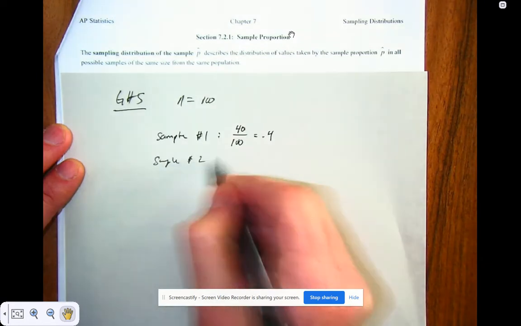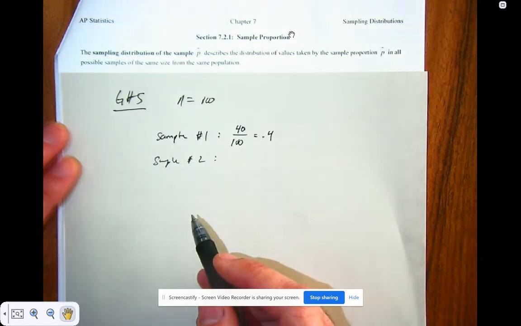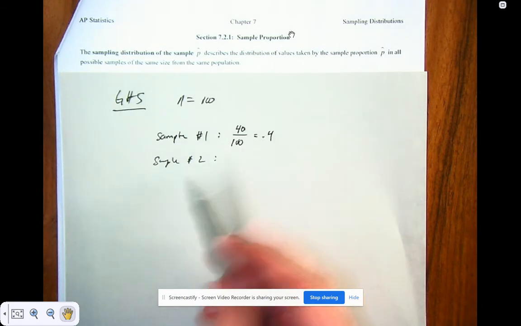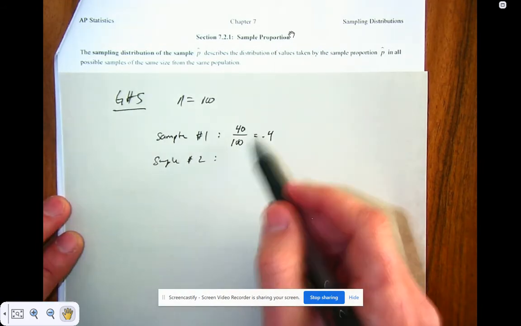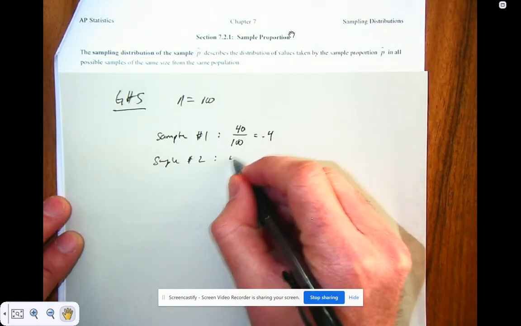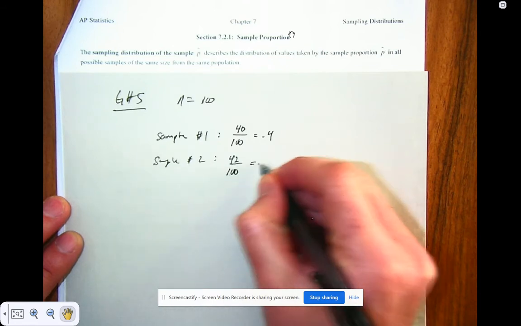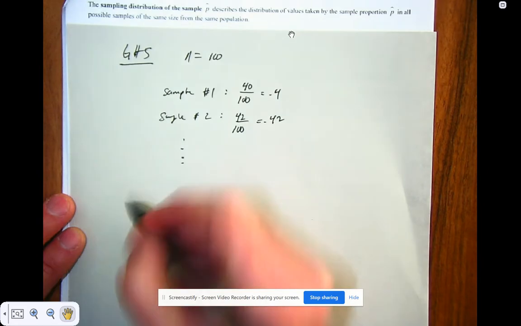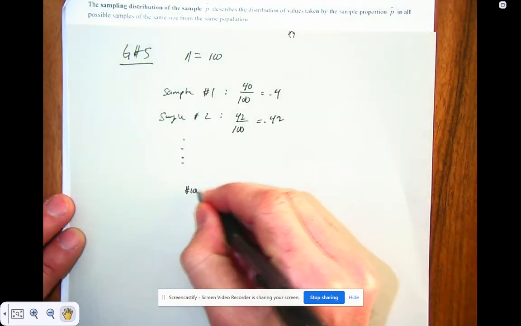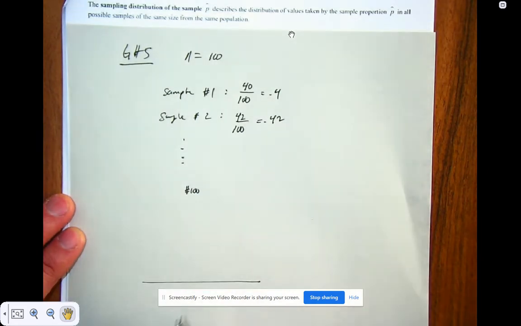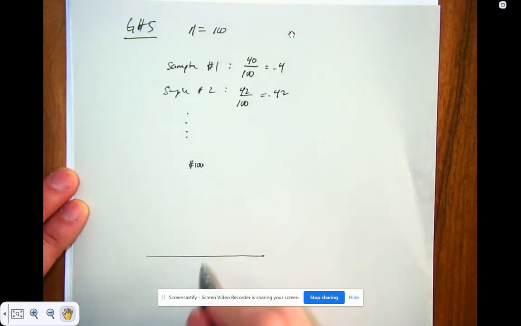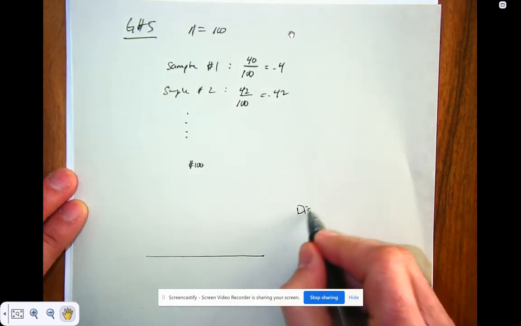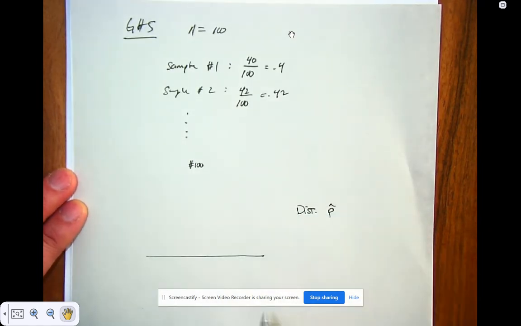And then we do it again, right? Sample number two. There's going to be sampling variability. So we go back out, we take a new sample of 100 kids, and we say how many have broken a bone, and maybe this time 42 out of 100, or 0.42. We continue this process a bunch, let's do it 100 times. Then we make a distribution of p hat.